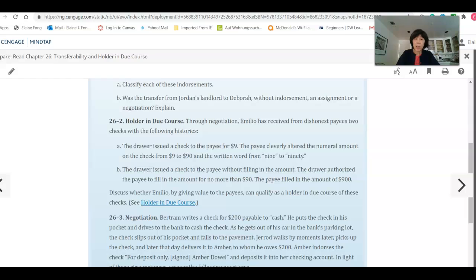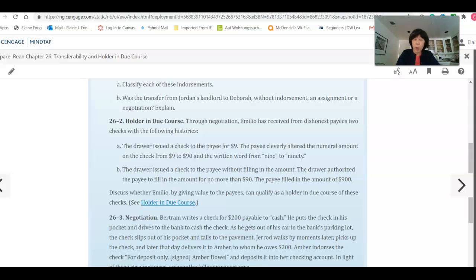Well, has he paid value? Yes, he has. Has he taken the check in good faith? No way for Emilio to know that the payee only had authority up to $90, so yes, it is in good faith. And does Emilio have any notice of any problem or defect? No, Emilio does not.